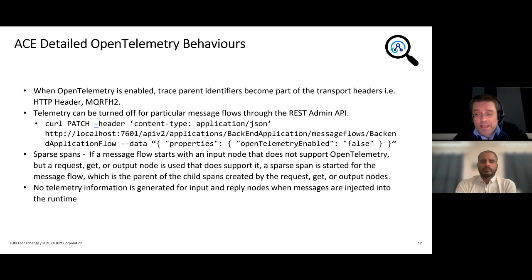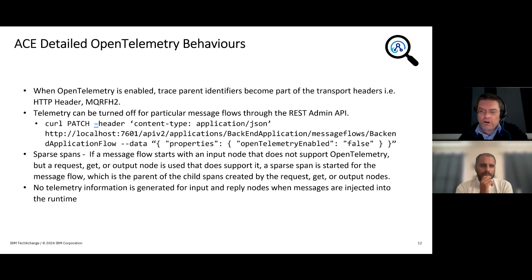The mention of sparse spans relates to situations where you don't necessarily have OpenTelemetry supported by a particular transport. So if, for example, you were driving a message flow with a file input, there's no way that that input file could carry an OTel span as part of the file. So the first thing that ACE does, regardless of which transport you're triggering a flow with, is create that span ID in readiness in case later on in the flow you are using a transport which is OTel compliant, and you would therefore like to link the activity of that particular node in the flow to some kind of global setting.